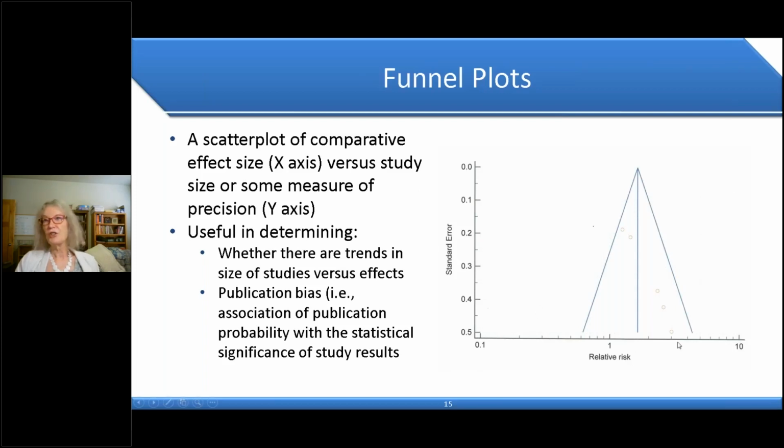And this is, again, a fictitious plot, but one of the things I want to show you is, as my studies tend to get smaller, and generally the rule is bigger studies will nearly always give you better precision, so they will get towards, but never achieve, standard error of 0. So these will be bigger studies typically. These will be smaller ones.